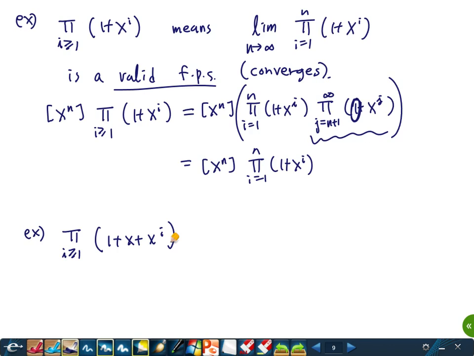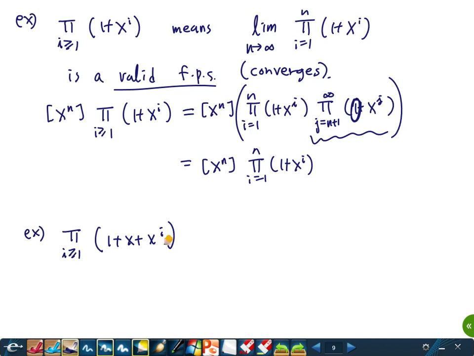How many of you think that this is a formal power series? Raise your hand if you think this is a formal power series. Raise your hand if you think this is not a formal power series. Okay, more students think that this is not.